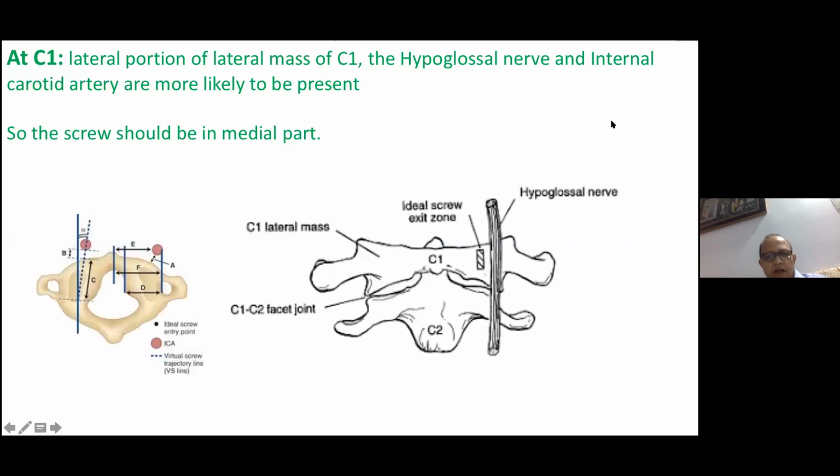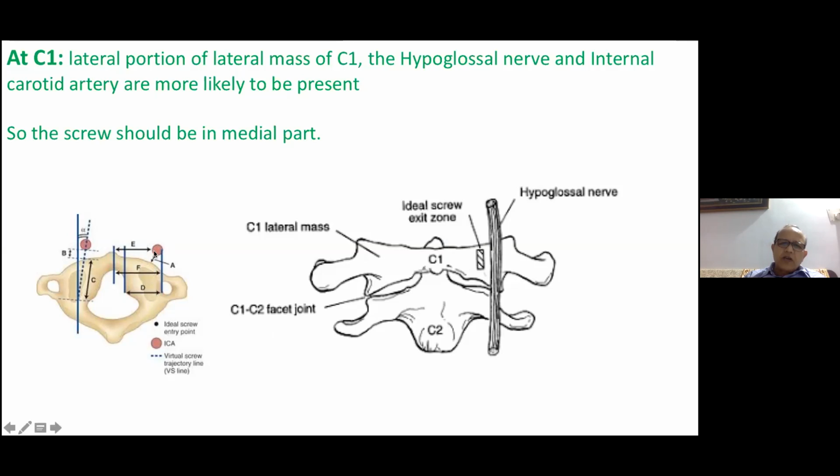And the other important structures: not that this approach is very safe. It is safer compared to the posterior approach, but at times, at the lateral mass of C1, you may find the hypoglossal nerve. And I have already discussed that you may find the ICA just over this.